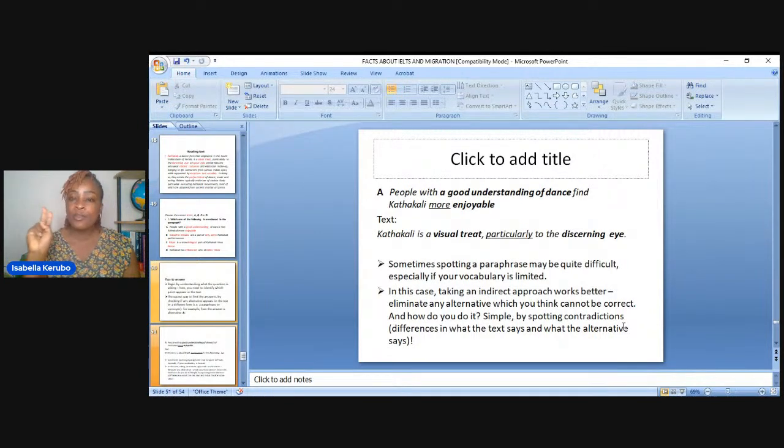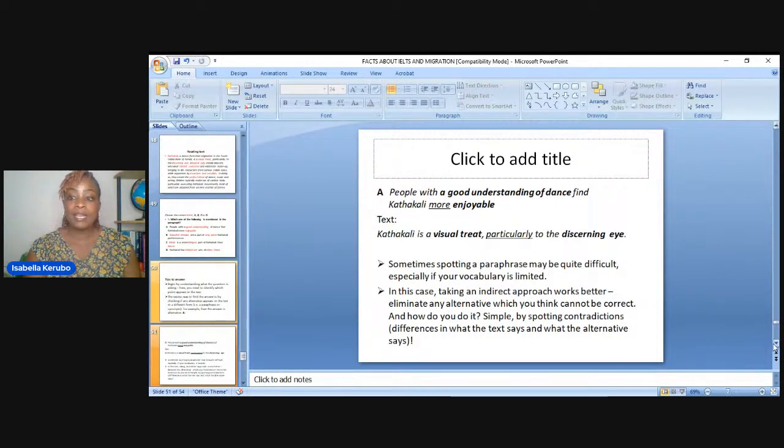It is easier for you to go back and read the text, come back to the question, and check if there are any synonyms. It is easier to choose the correct answer from 2 remaining options than from a whole list of 5.